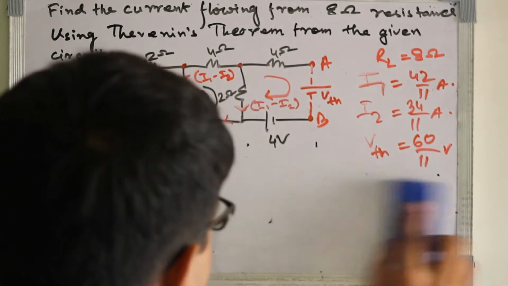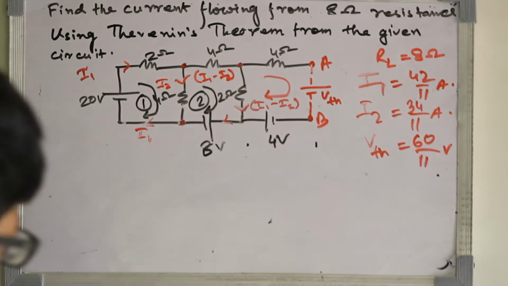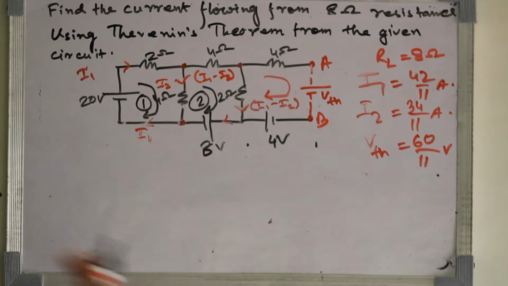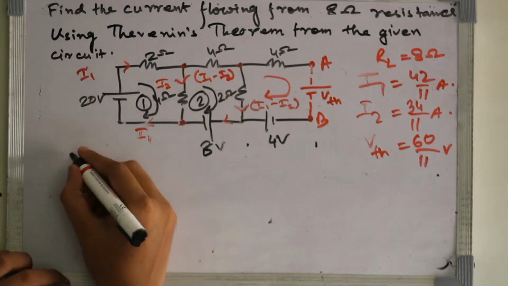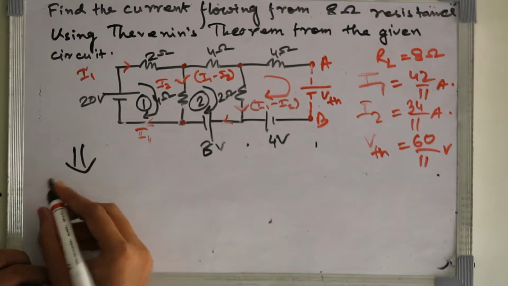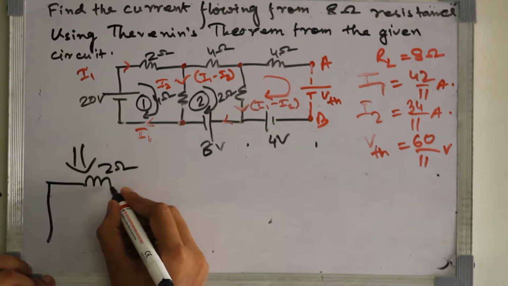Now we have to solve for RTH. If we want to solve for RTH, what we have to do? We will have to short all the voltage sources, and the resistances will be as they are. So the simplified circuit will be like this.